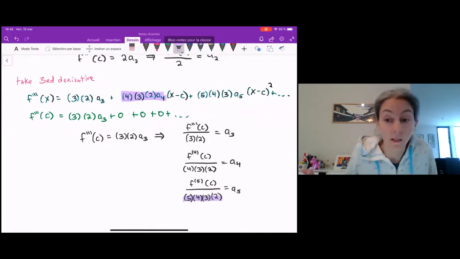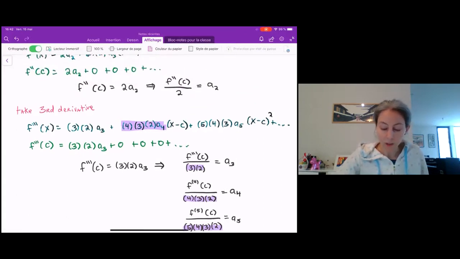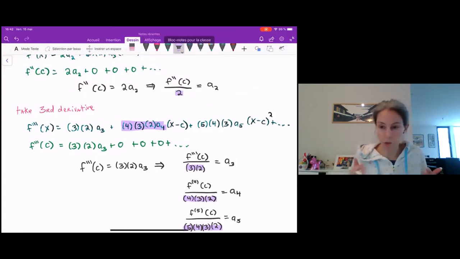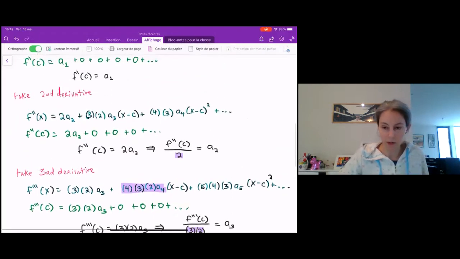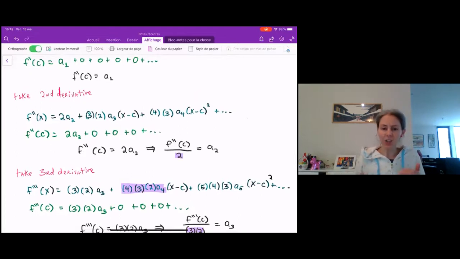Well, times 1 doesn't change anything. 4 times 3 times 2, again times 1, 3 times 2. If we go back to the second one, that 2 is also just 2 times 1. If I go back to the first one, there is nothing down there, so that's like having a 1 down there. So what we can see is each time I take the derivative, I'm multiplying the next number down.